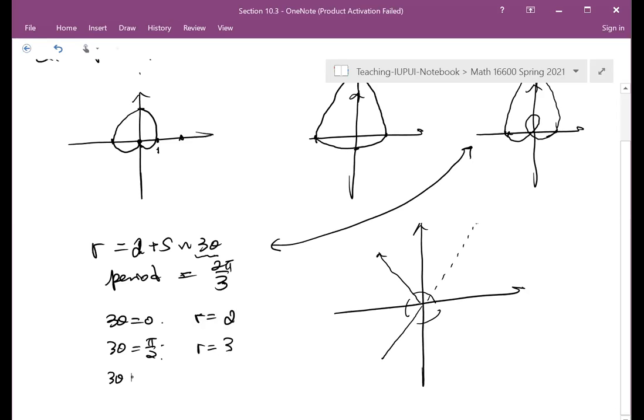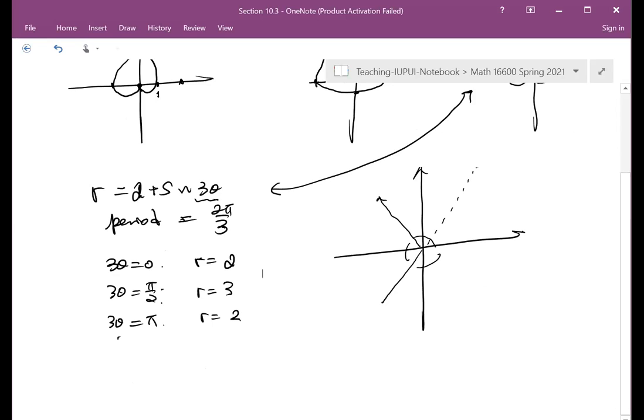Then when 3 theta equals pi, r is going to be 2 again. So 3 theta equals pi is this angle, this line, it's 3 pi, in the middle. So it already goes like that and comes back.